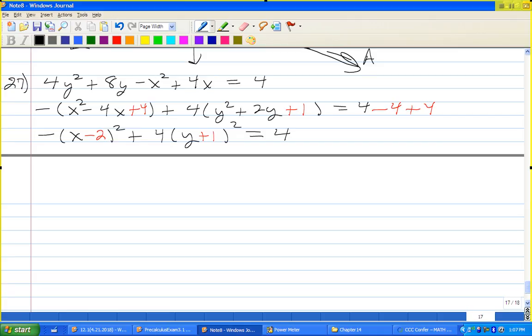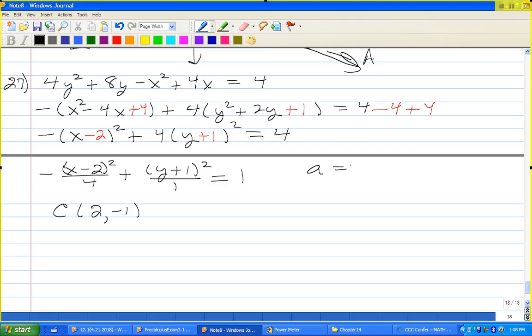And so I get negative x minus 2 squared over 4 plus y plus 1 squared over 1 is equal to 1.